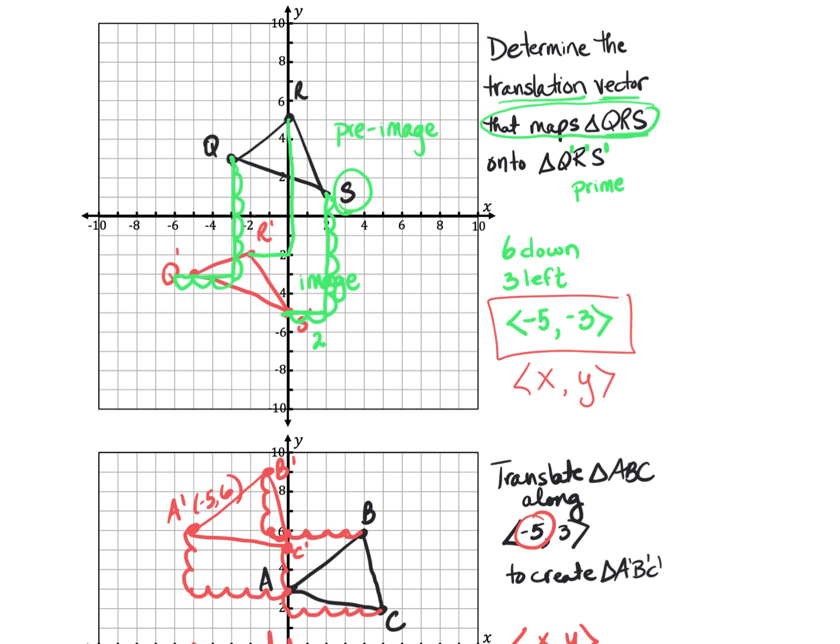So you'll notice my vector should have been, I miscounted, negative 2, comma, negative 5, because the 5 units are along the y-axis. So that should have been the second number. And then the negative 2 units are along the x-axis. So those are what we call translations.